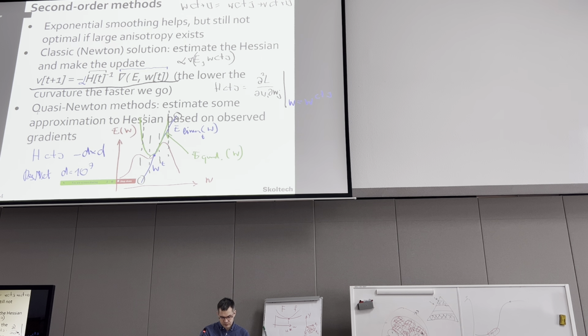The second one. We need not this matrix, but we need to invert this matrix to have H to the power minus 1 in this formula. It means that we need compute of the order of magnitude d cubed. And it means that in this exact formulation, we can't perform Newton methods.